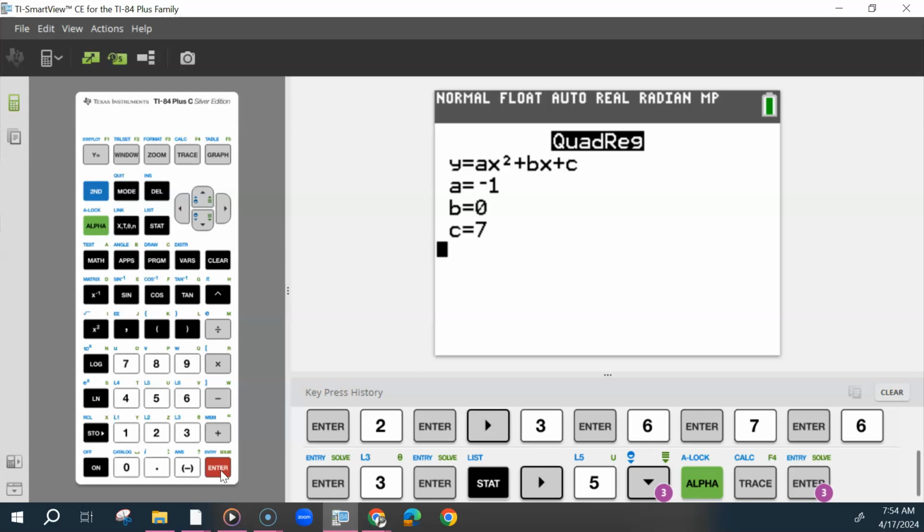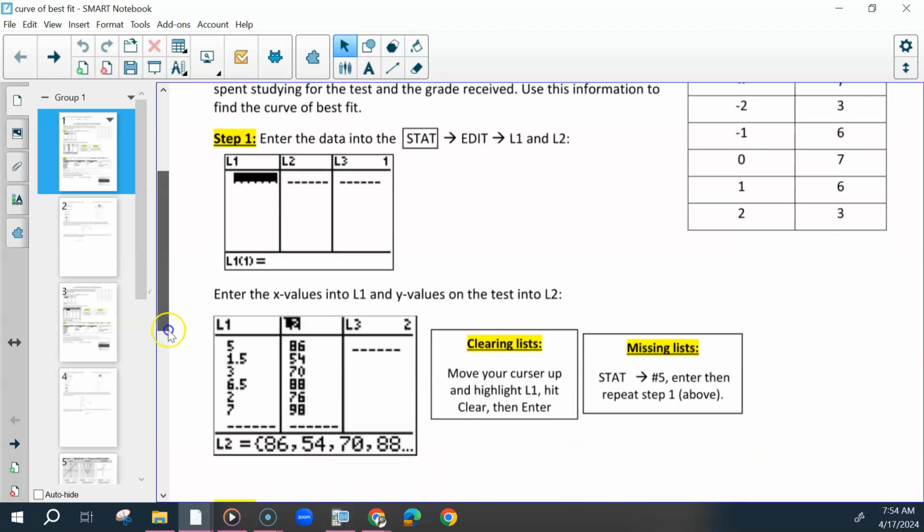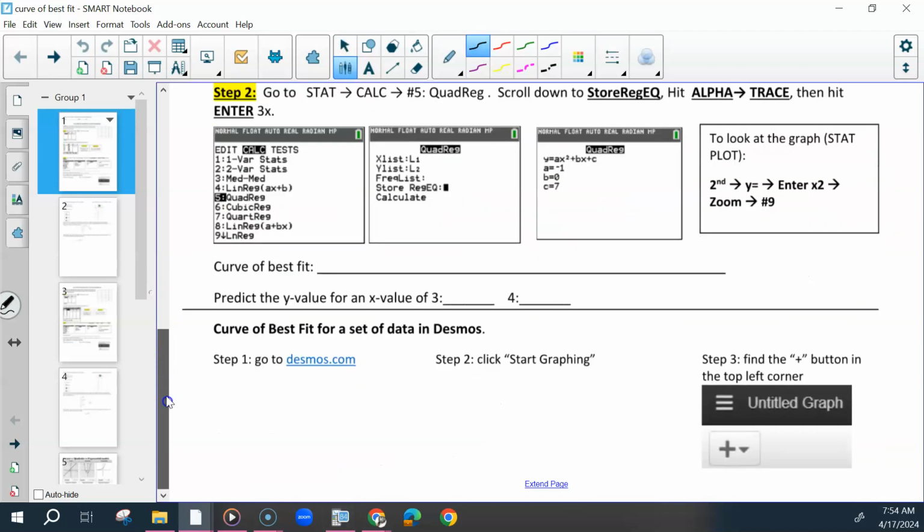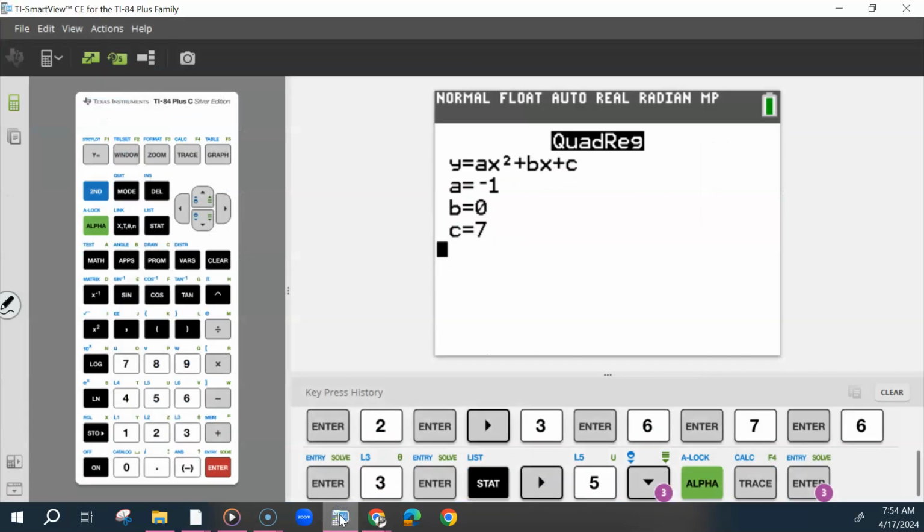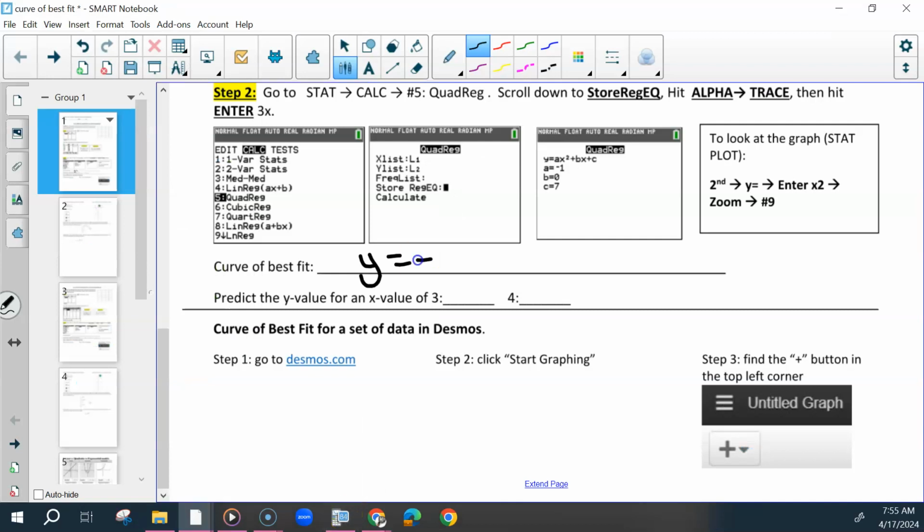Later we'll do that. So let's go ahead and write this in the curve of best fit spot. So y equals negative 1x squared, or just negative x squared.